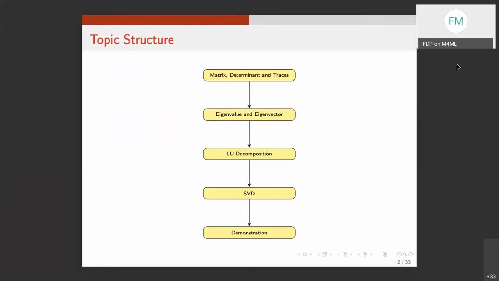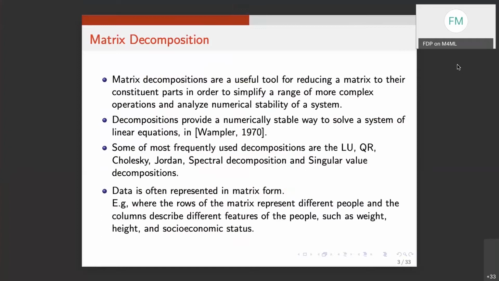To begin with, what is matrix decomposition and how will it be useful? In machine learning, of course, we have a huge set of data, and these data are represented in a matrix. To evaluate something or to make decisions, we have to know how exactly these matrices or these features are behaving.